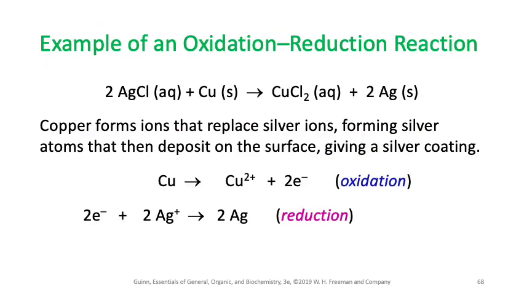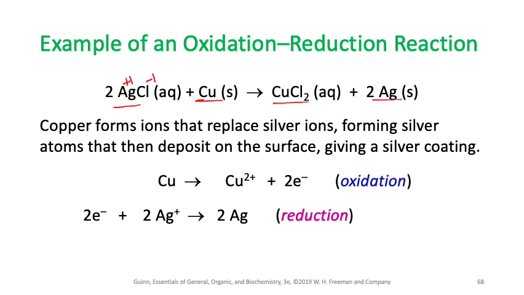So this is an example going on. AgCl reacts with copper, giving you copper chloride and silver. If you see before the reaction, what's the charge on silver? In this entire molecule, the charge on silver is +1. This is an ionic compound because chlorine is -1, so silver has to have a +1 charge.